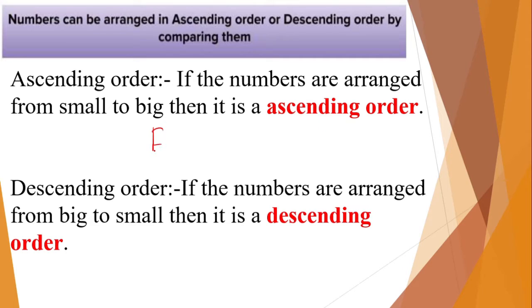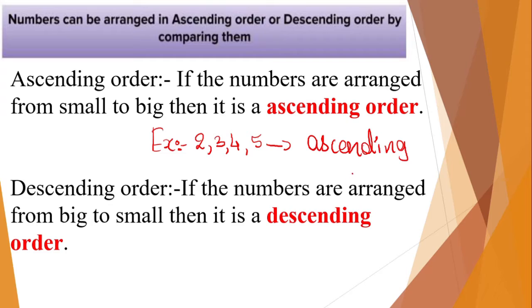The example is 2, 3, 4, 5. These numbers are arranged in ascending order. How can I say that?